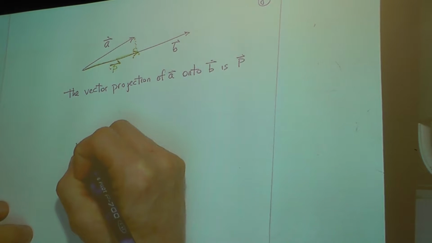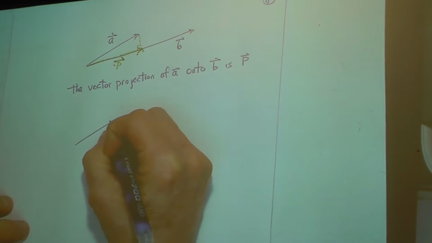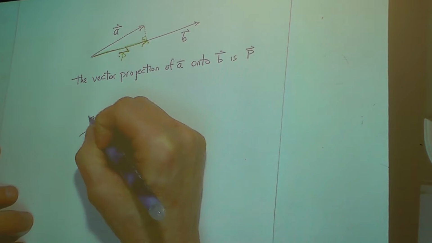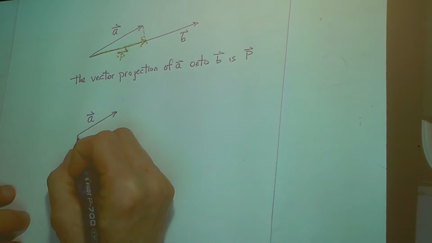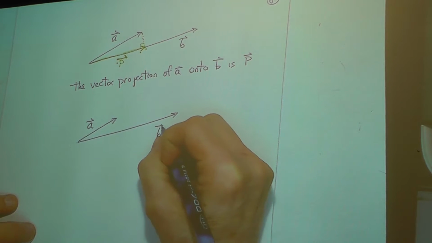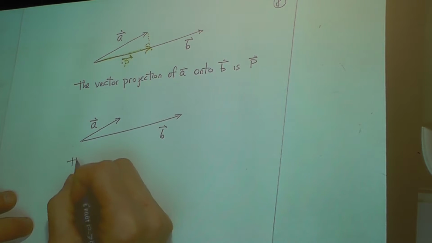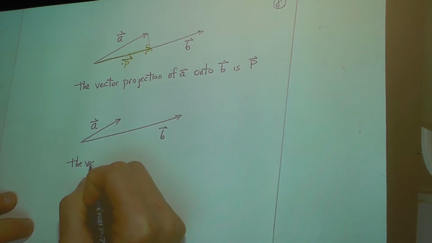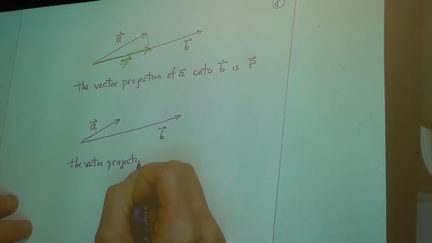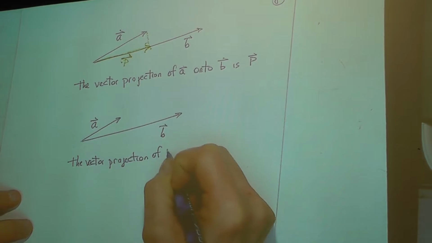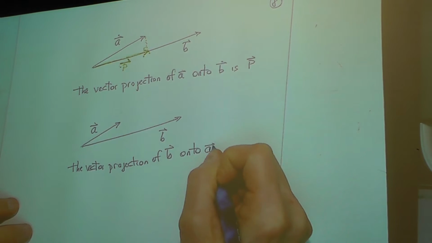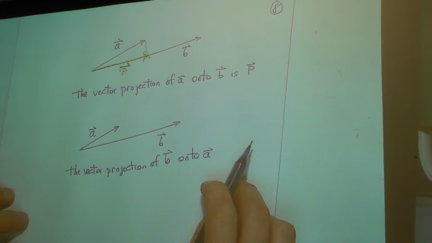If I have the same type of picture, so this is A, this is B. The vector projection of B onto A. I'm doing this now in the other direction.